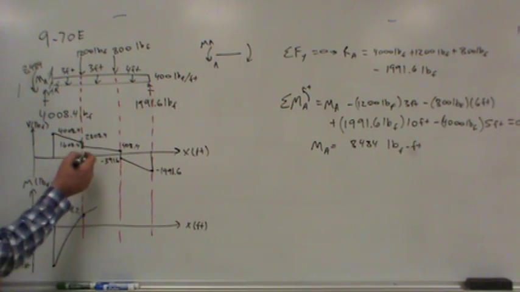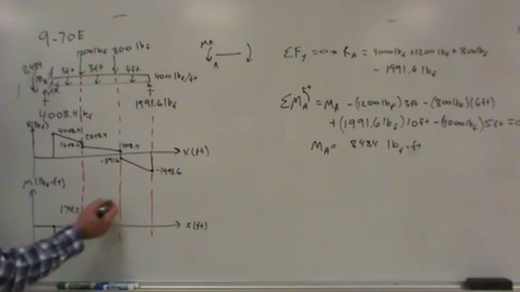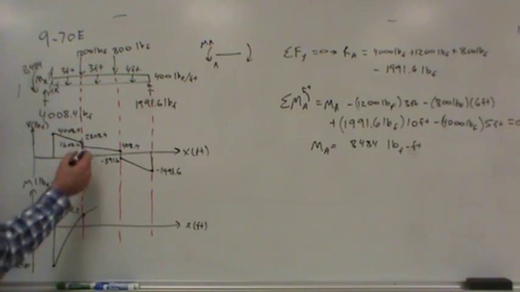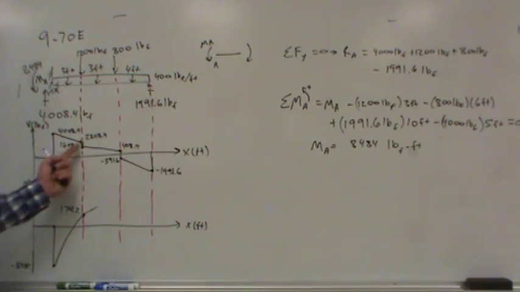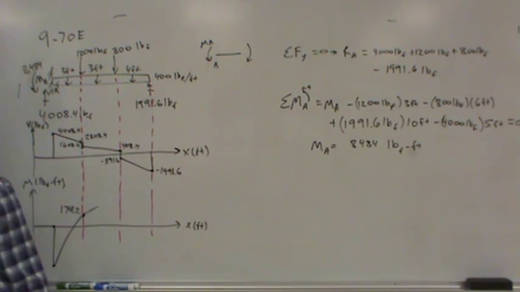Okay. So anyway, let's add up this area and see how much our moment changes. It's going to continue to increase because that's positive area. So what would we be? 1608.4 plus 408.4 divided by 2 multiplied by 3 feet. Okay, so 1608.4 plus 408.4 divided by 2 times 3 is 3,025.2.